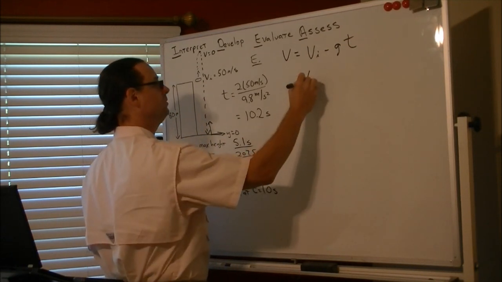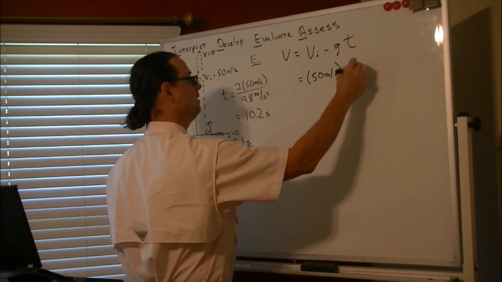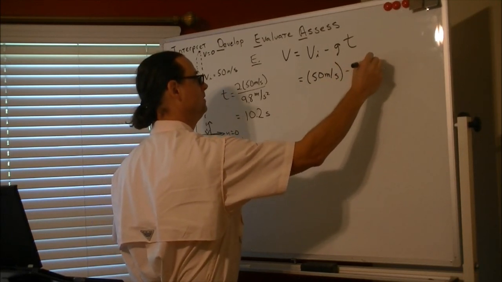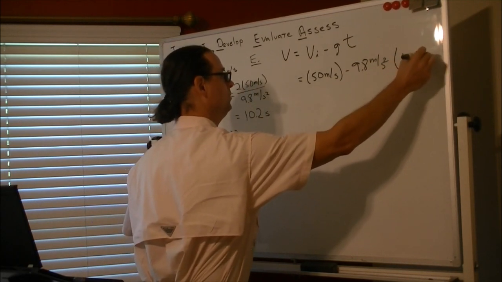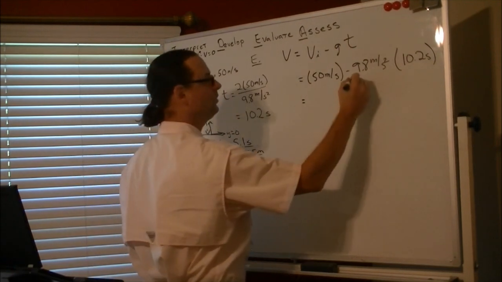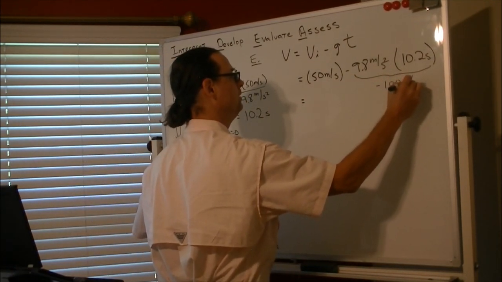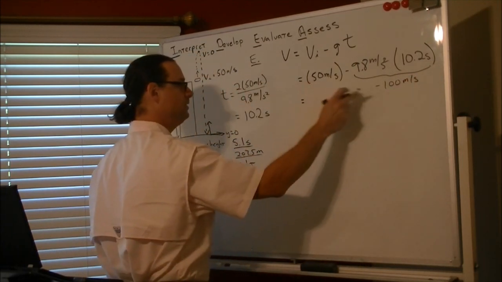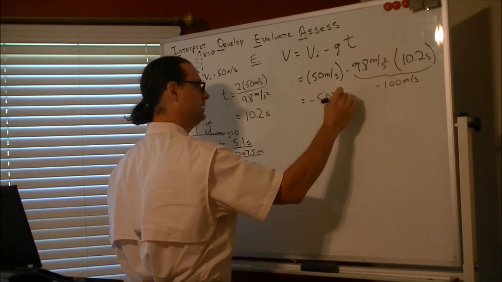The initial velocity was 50 meters per second, and now minus 9.8 meters per second squared times the time, 10.2 seconds. And when you plug in the numbers here, this term ends up to be negative 100 meters per second. So 50 minus 100 meters per second is negative 50 meters per second.